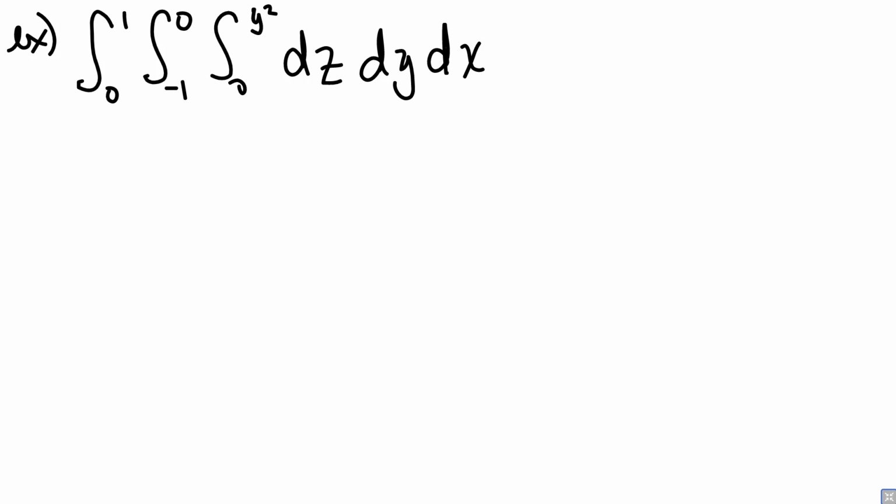Okay. So what we're going to do first is draw the region that is being represented here. Now we know x is bounded between 0 and 1, y is bounded between negative 1 and 0, and then z is bounded between 0 and y squared.